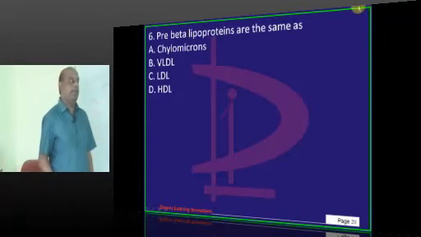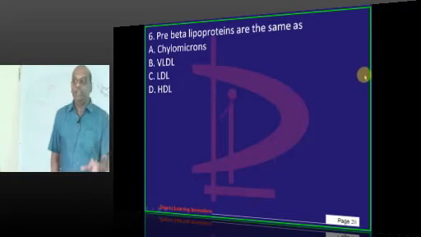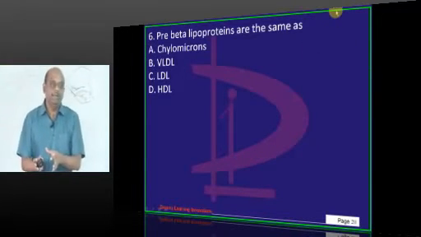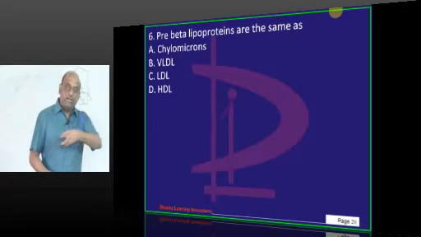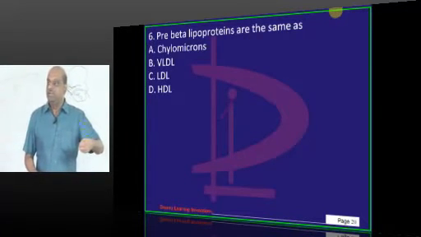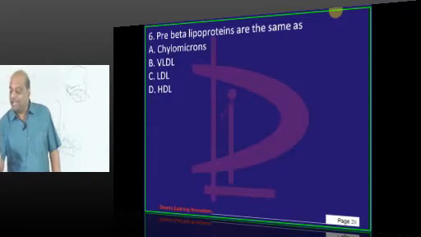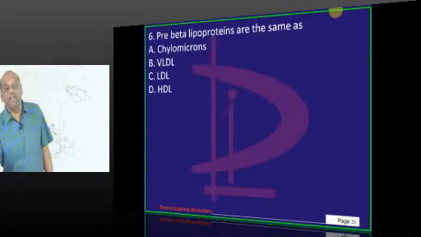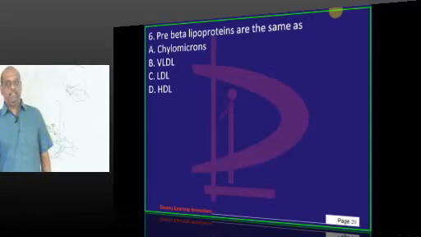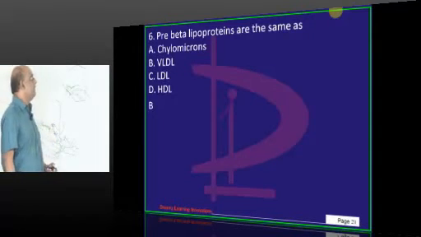ApoC2 is a very important thing which is there in the chylomicrons and VLDL. When chylomicrons and VLDL float in the blood, the triglyceride inside them is extracted by the peripheral tissues. For that, what is it that recognizes the VLDL and chylomicrons? It is the ApoC2 which is there on that. So today only you should review the apolipoproteins.